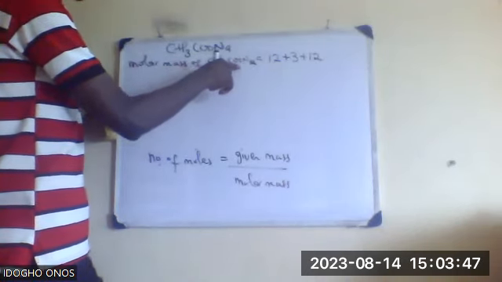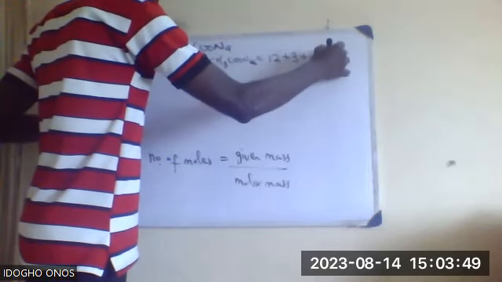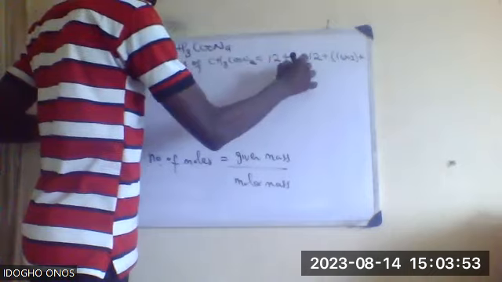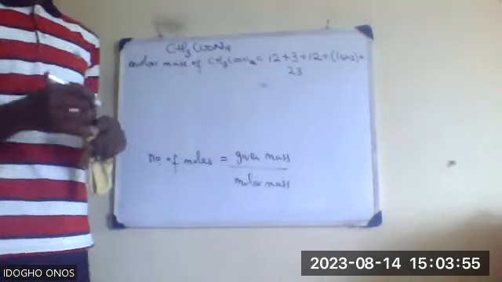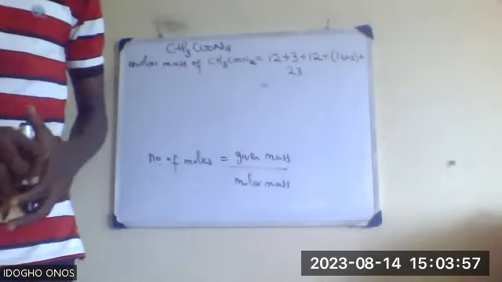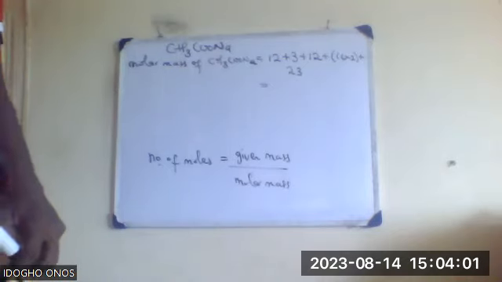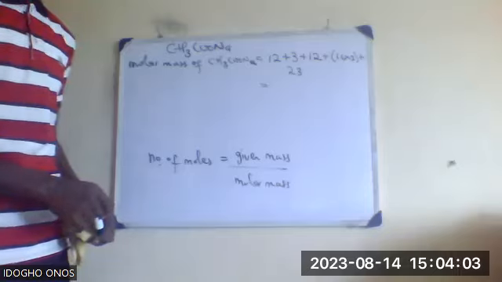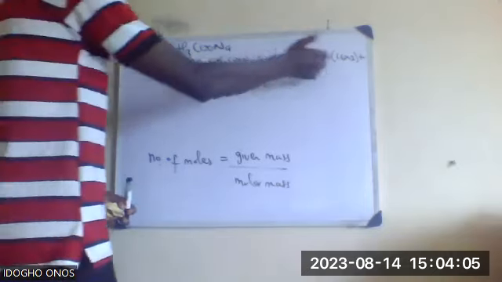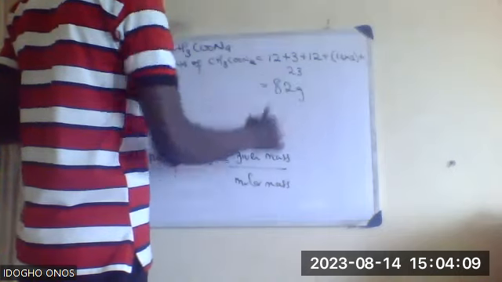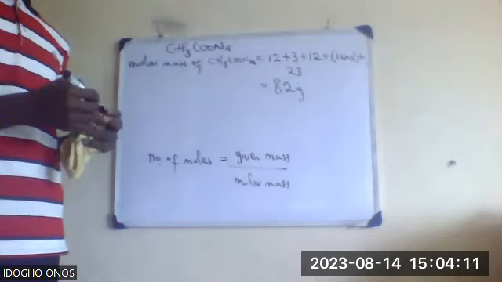Then we have 2 oxygen. 1 oxygen is 16, so I say 16 times 2. Then sodium is 23. Is that okay? Any question? If you do this addition, you should get 82 grams. That is your molar mass.